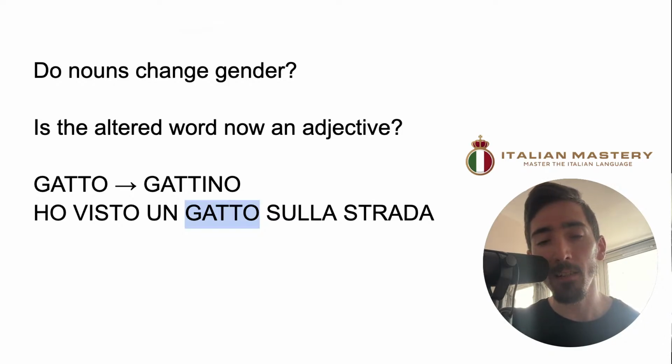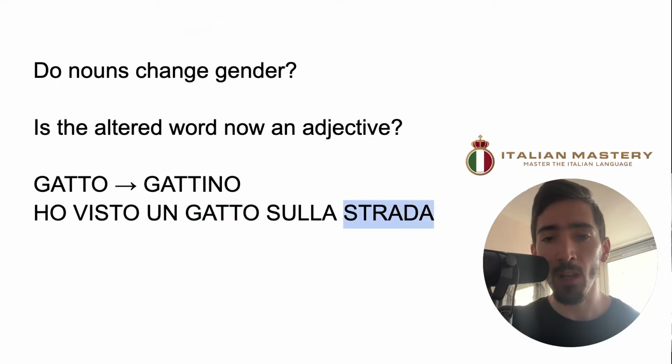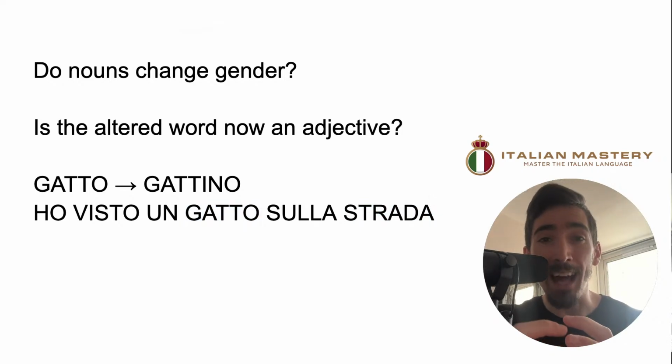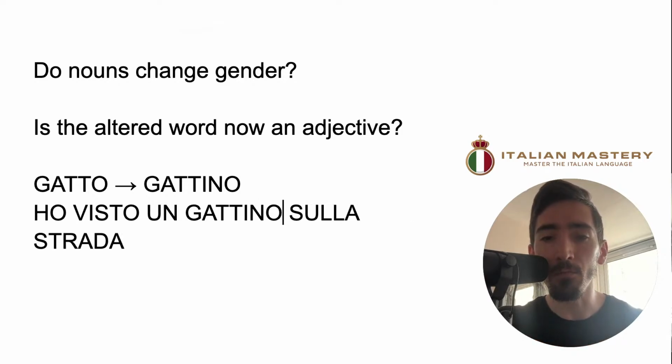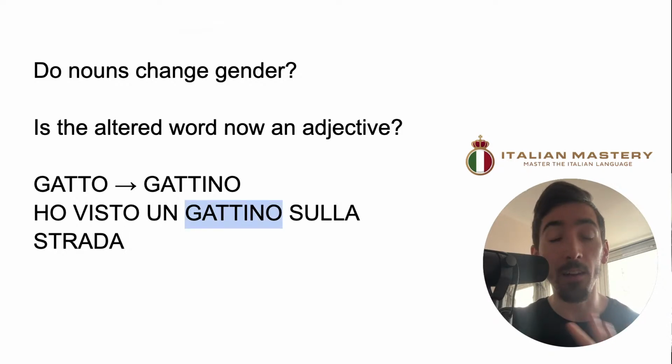So cat, if we were to do parts of speech on this sentence, cat is a noun, right? Street is a noun. Now, if I want to say that there was a small cat on the street, I can say un gattino. Ho visto un gattino sulla strada. Now, this doesn't make it an adjective.